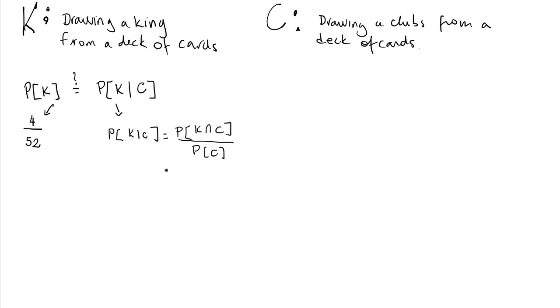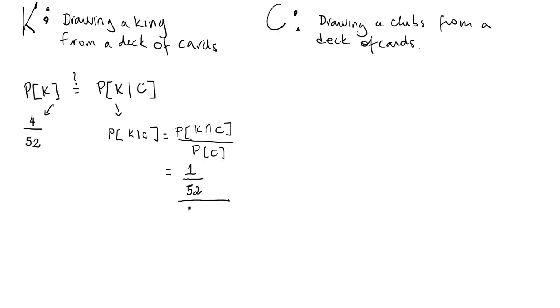You could actually calculate this through the formula, which is what I'm doing. So what's the probability of having a king and a club? Well, there's only one king of clubs, right? So this is the number of interest situations over all the cards. This is the numerator, P of K intersection C. Now, what's the probability of drawing a club?